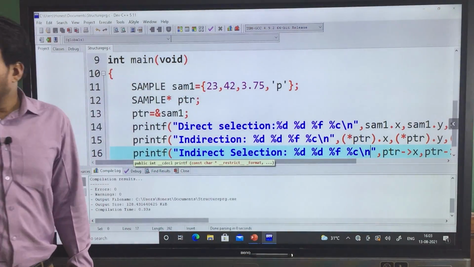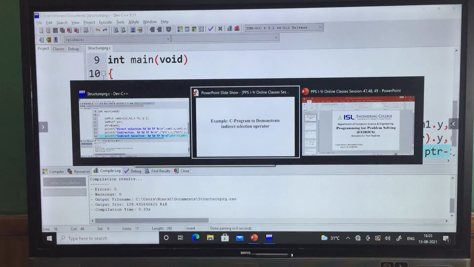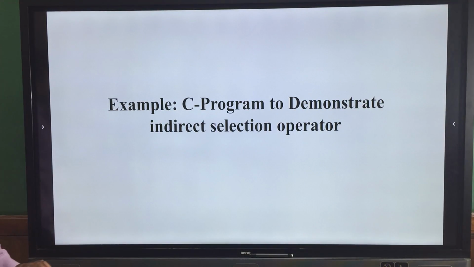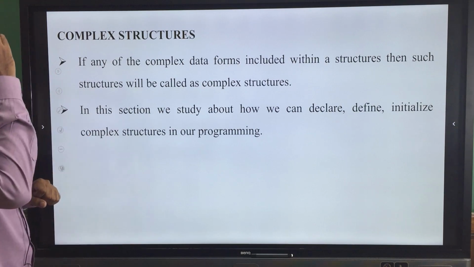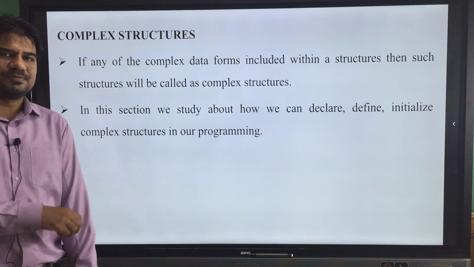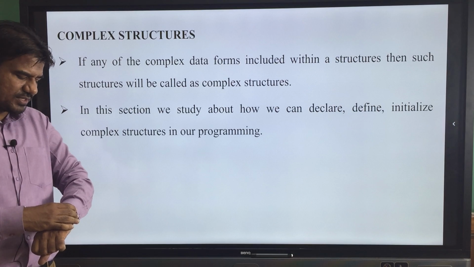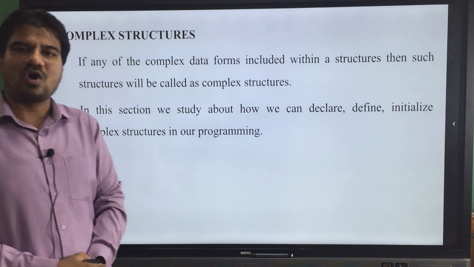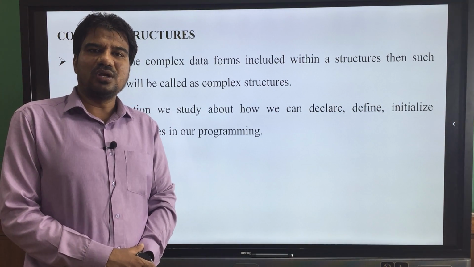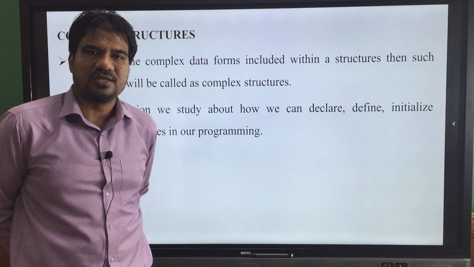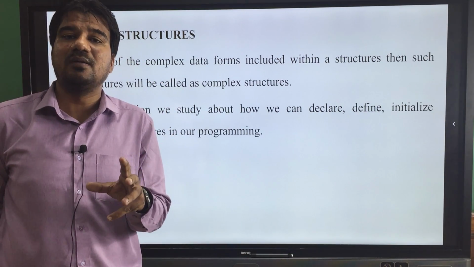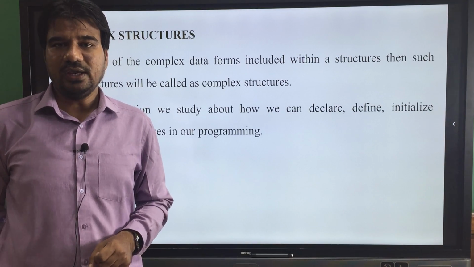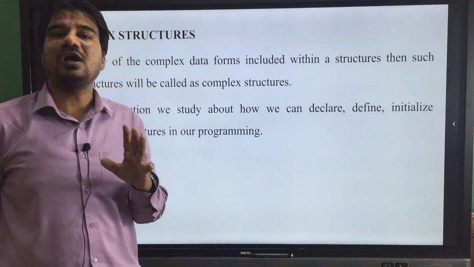Okay, so quickly go to the next one. What we have? Yeah, this demonstration I have done. Then we have the complex structures concept. We have 4 different types of complex structures. When you call a structure a complex structure, in the sense that its creation becomes more complex than a normal structure.